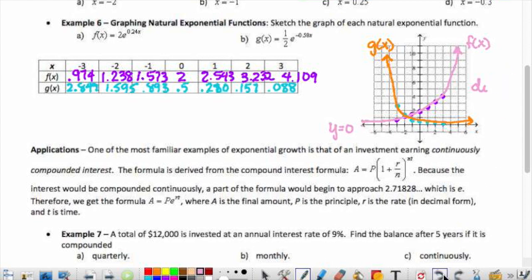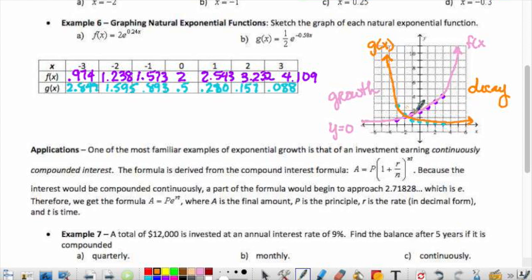Let's do that in orange so it matches. Versus a function like this, where we're growing or increasing as we move from left to right, would be a growth function. Also notice this function does not touch the x-axis either.